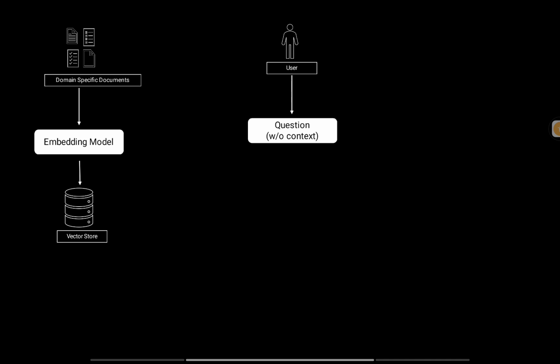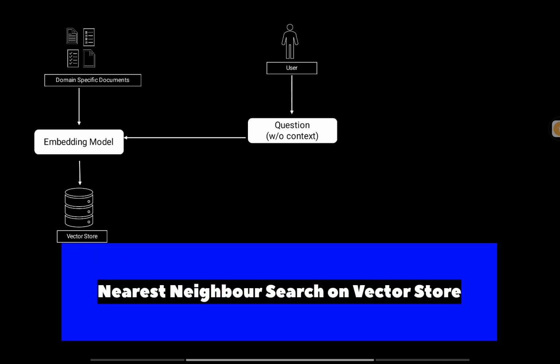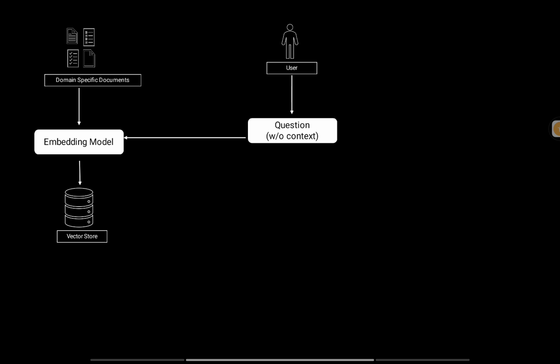With that question, we create an embedding out of it, and we do a nearest neighbor search on the vector store. We are calculating the distance between my question embedding and the embeddings that are present in the vector store, and we are trying to retrieve the nearest neighbor, where the distance between the question and the vector store information is minimum, right?